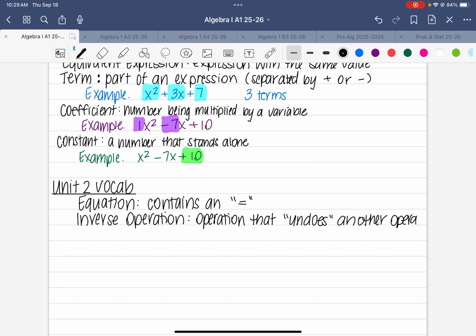You're undoing it. Oh, and that's not going to fit. So an inverse operation is an operation that undoes another. Those are the two definitions that we're going to put in our notebooks.